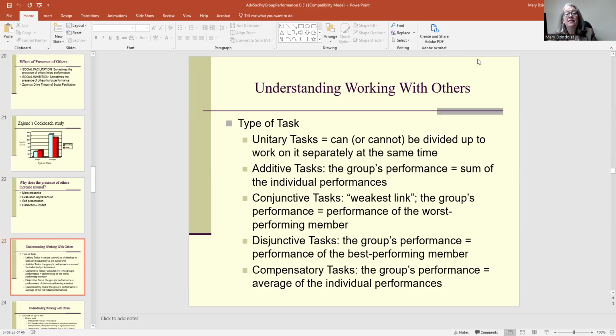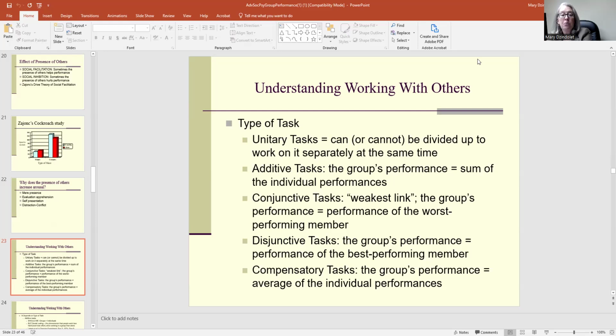And some people believe that our society is better thought of as a disjunctive task, that the whole society, the whole community moves at the pace of its best members. To some extent, I believe that this is how we feel in the United States. We pick our best athletes and we have them not even go to school or get privately tutored as they prepare for the Olympics.